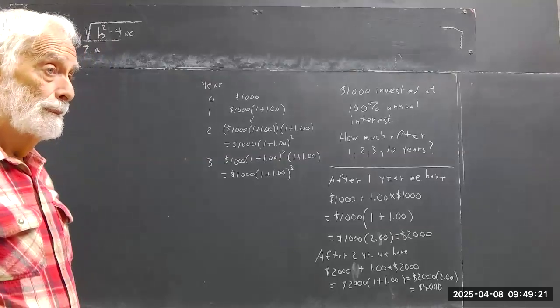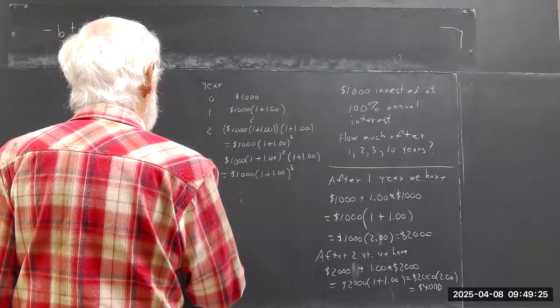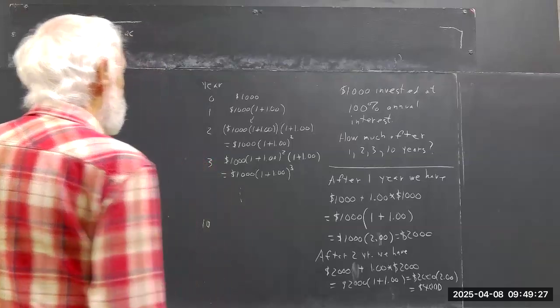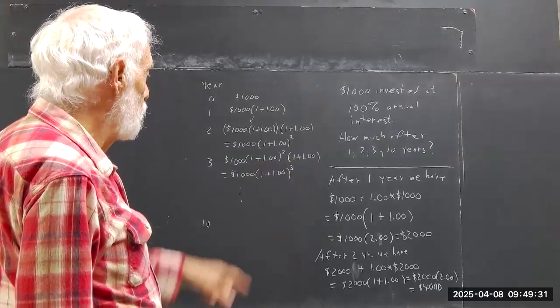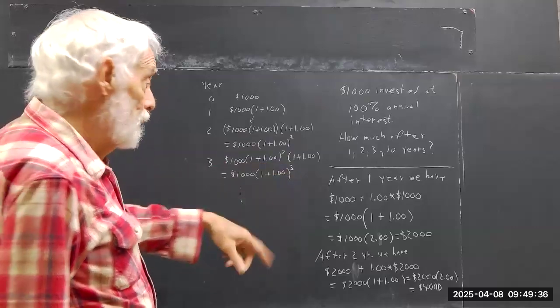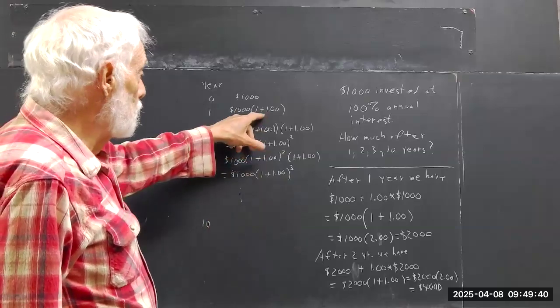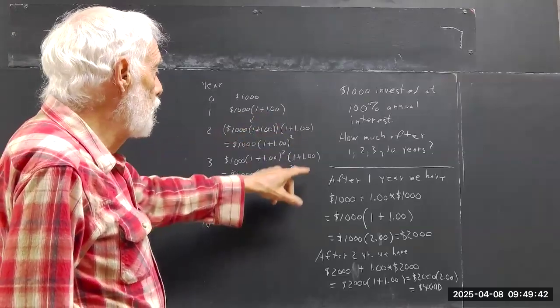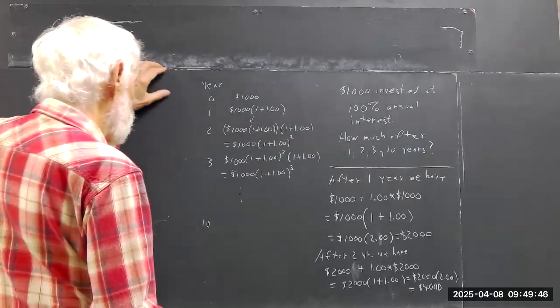That makes sense? So if we go down to 10 years, every year we're going to multiply by another 1 plus 1.00, which is going to increase this power by 1 each year. All this is saying is in 3 years, we multiply by 1.00 1, 2, 3 times. In 10 years, we'll have done it 10 times.